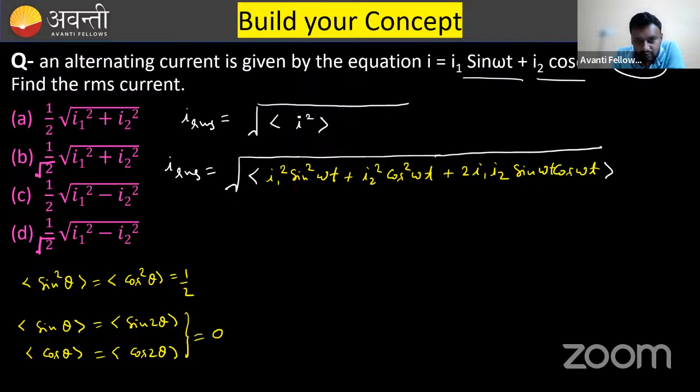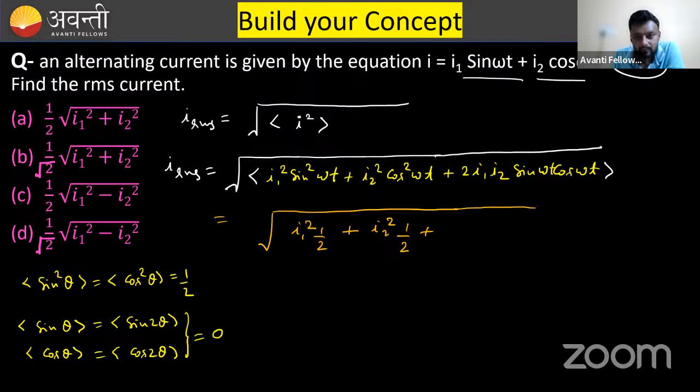So from this question, this is the average value of these three terms. Root is already there. I1 square is a constant, and sin square omega t has an average value of 1 by 2. Plus I2 square is a constant, and cos square omega t has an average value of 1 by 2. Plus I1 and I2 is there, and 2 sin omega t cos omega t is sin 2 omega t, whose average value is 0.